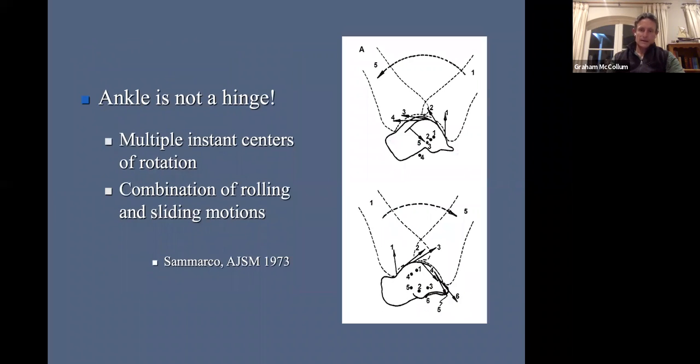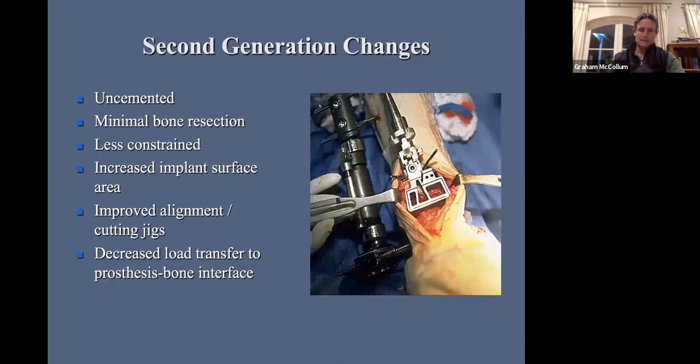And so as people began to understand a little bit more about the ankle joint, subsequent research began to show that cement's not well tolerated in the distal tibia and the talus, and that primary integration was required.